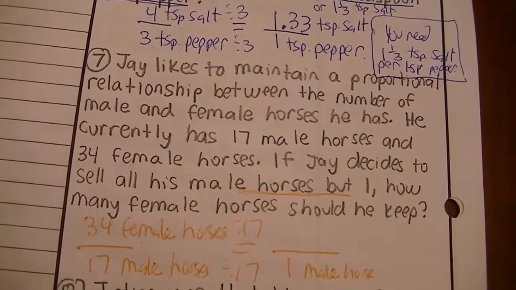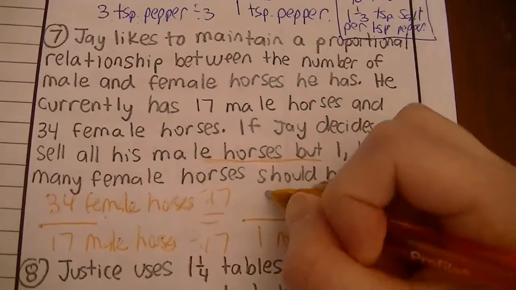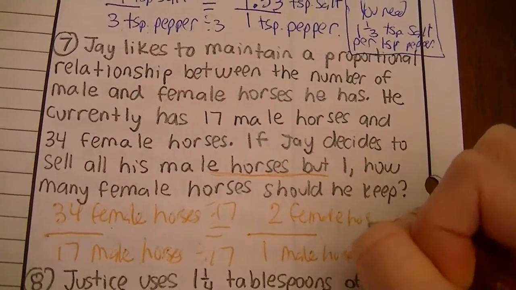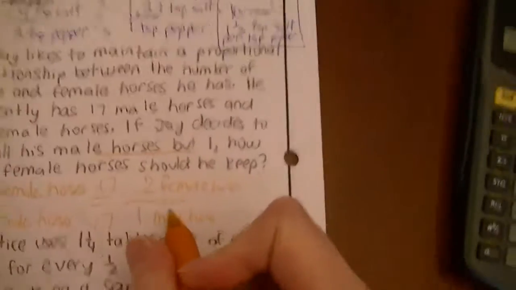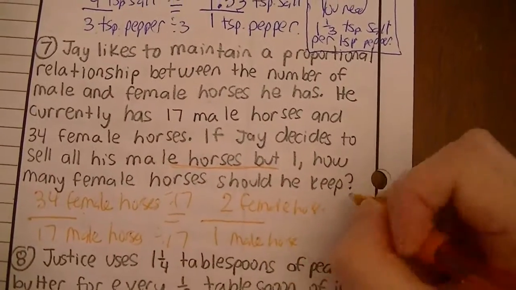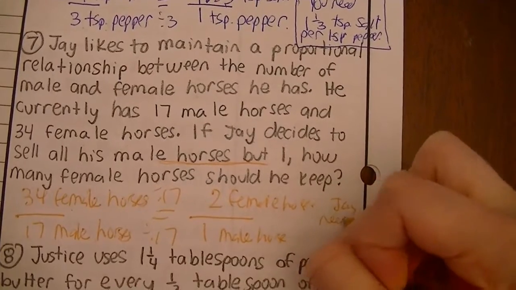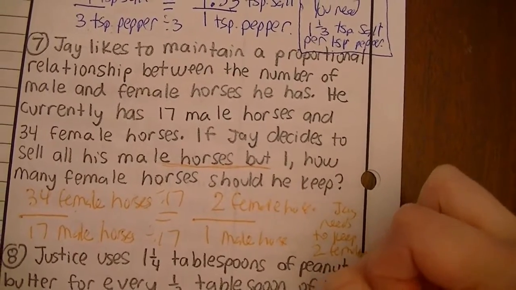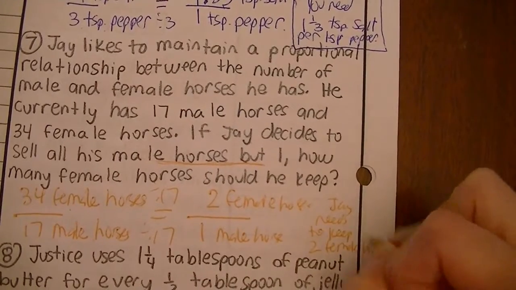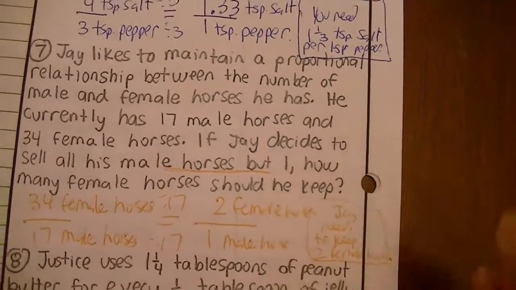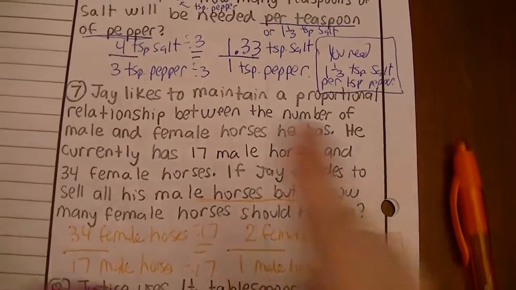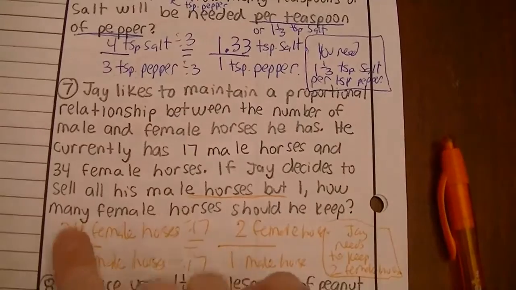We'll check that. Okay. Yeah, that's 2 female horses. So he needs to keep 2 female horses. Jay needs to keep 2 female horses because he wants to maintain that proportional relationship. All these right here, those are proportional relationships.